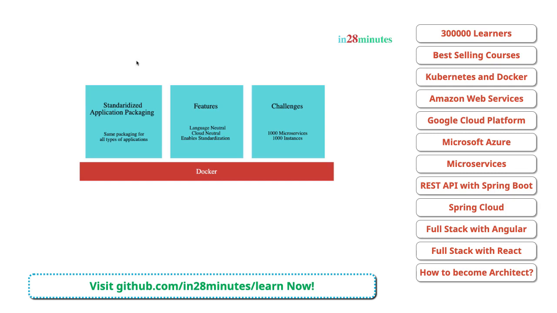A developer builds an image, and you can run the same image wherever a container runtime is installed. You can run it on your local machine, in your enterprise data center, or in the cloud. Docker enables standardization of how you package and deploy your application irrespective of the language or framework which is used to build the application or the platform where you'd want to deploy the application to.